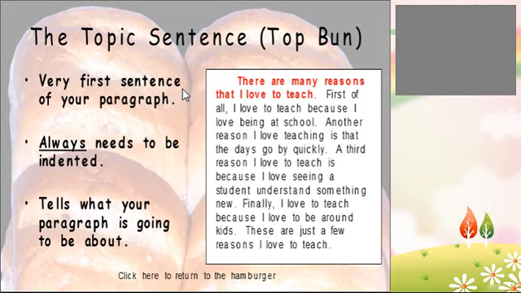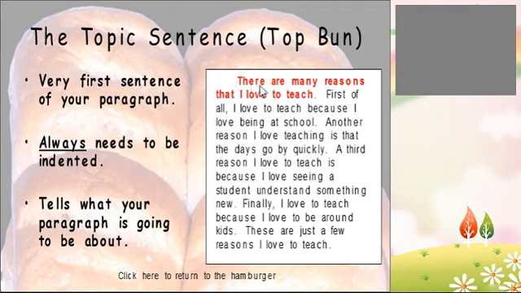The topic sentence is like the top bun, the piece of bread on the top of the hamburger. As you can see in the red color, we have a topic sentence. The topic sentence is the very first sentence of your paragraph.